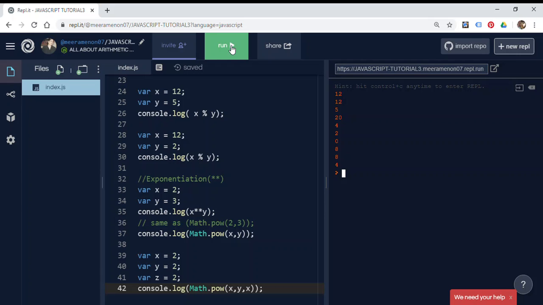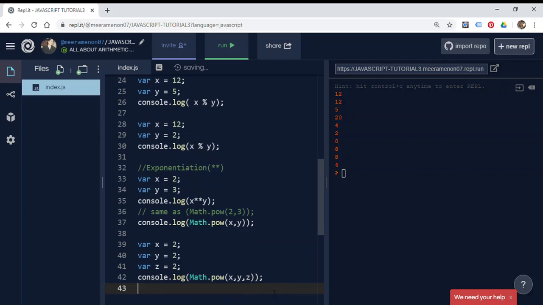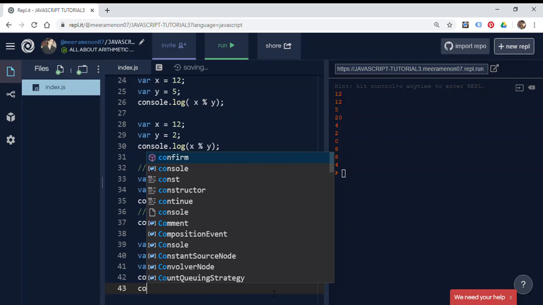No, this is not supposed to be 4. Oh yes, because I wrote x here, you see, printed the wrong figure. Okay, x, y, z. Okay, let's do it. Console.log.